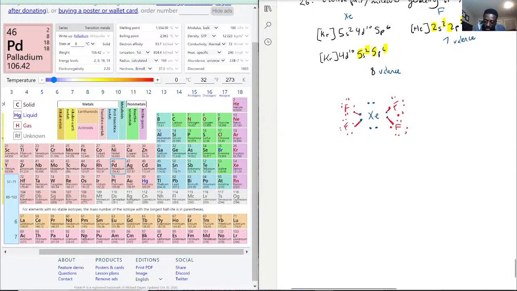Okay. So it's going to be xenon, and yes, you've probably guessed it, this is going to be its Lewis diagram. I noticed right away that it's no longer in its 8 pair mode.